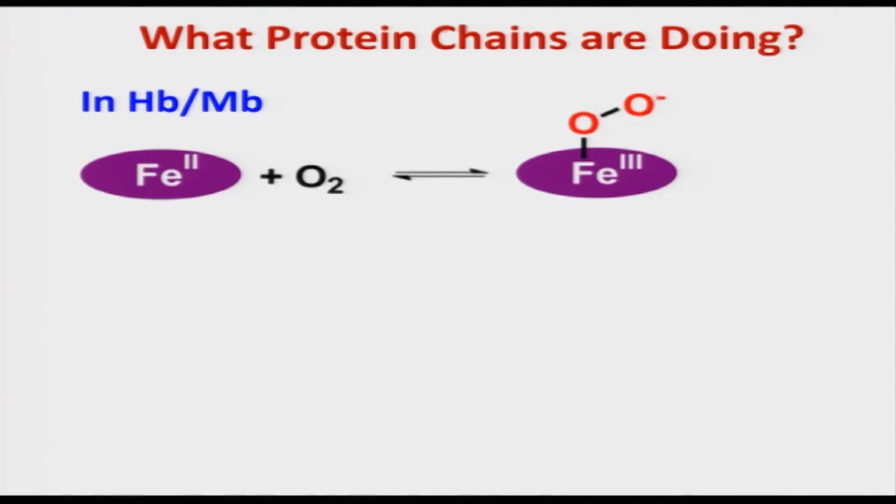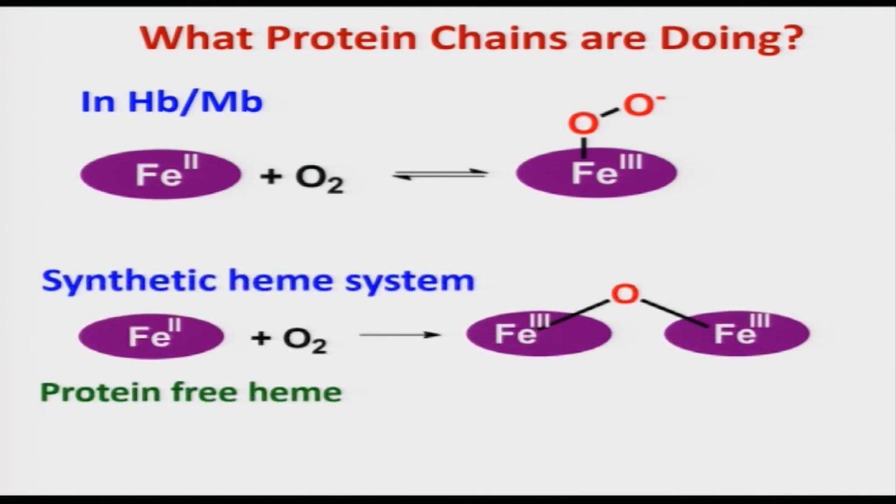This iron(II) heme binds to dioxygen reversibly to form iron(III)-O2 minus, and then once dioxygen leaves, iron(III) is converted to iron(II) again. So, dioxygen binding is indeed reversible in hemoglobin and myoglobin. In contrast, if you make such a heme unit in the laboratory without protein chains, what would happen?